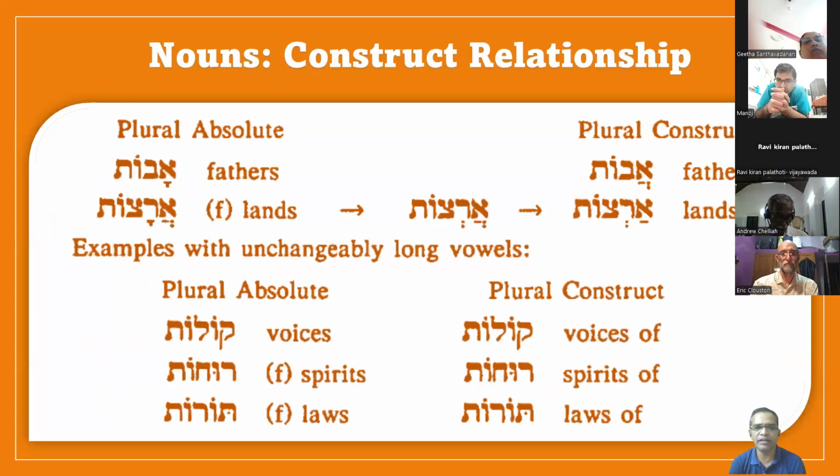Only by looking at the context will we understand whether it is in the construct state or absolute state. So kolot is kolot, voices of. Ruchot, spirits of. Torot, laws of.